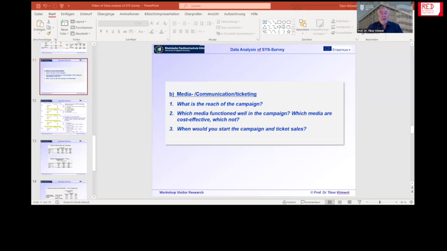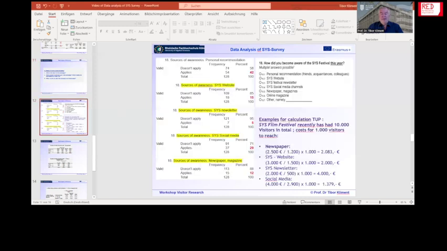And we'll address the question, when would you start the campaign and ticket sales? So you have a film festival that happens at a certain time in the year. So what is the best time to start the campaign? You also can answer these questions by looking at the data from your visitor survey.